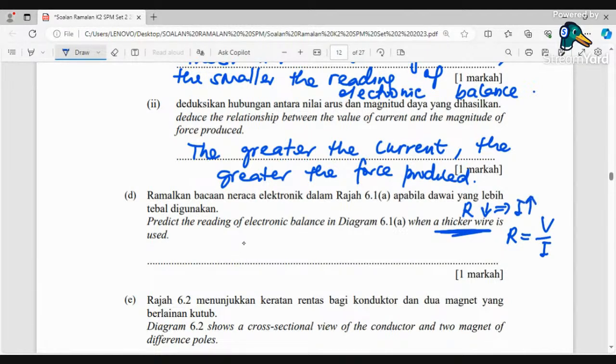So when current increases, as we know from the above part tadi, relationship, the greater the current, the greater the force. So if the current increases, means force increases. Okay, so just write down the reading of electronic balance increases. Okay.